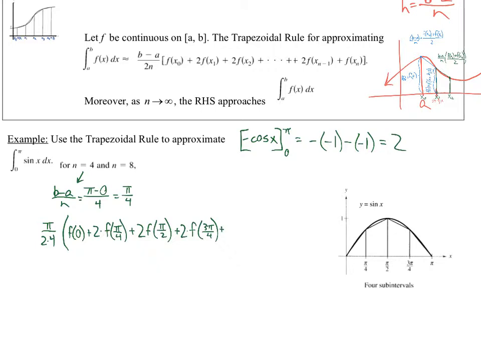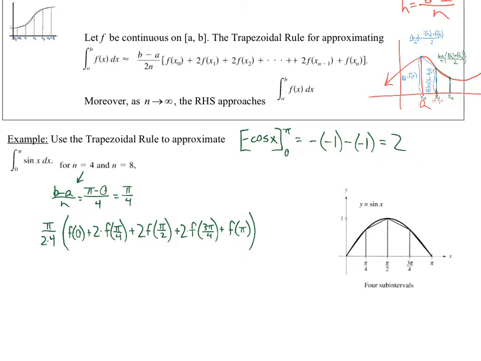So we're only going to have one of these, f of pi. Okay? Notice we have 4 trapezoids. There end up being 5 things in the parentheses. Okay? Because we are counting both ends.